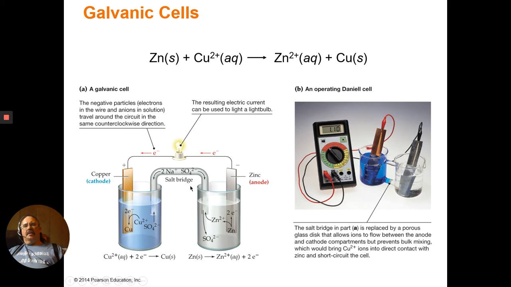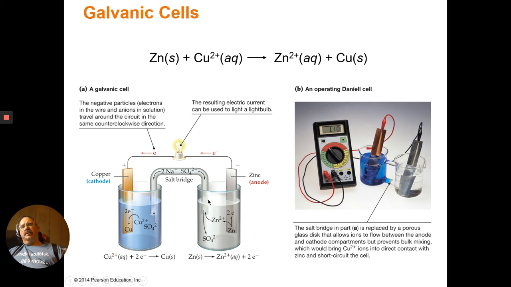Connecting the two compartments is what's called a salt bridge. Without the salt bridge, this reaction would immediately shut down. That's because when copper 2 ions are converted to copper atoms, we're going to have too much negative charge.